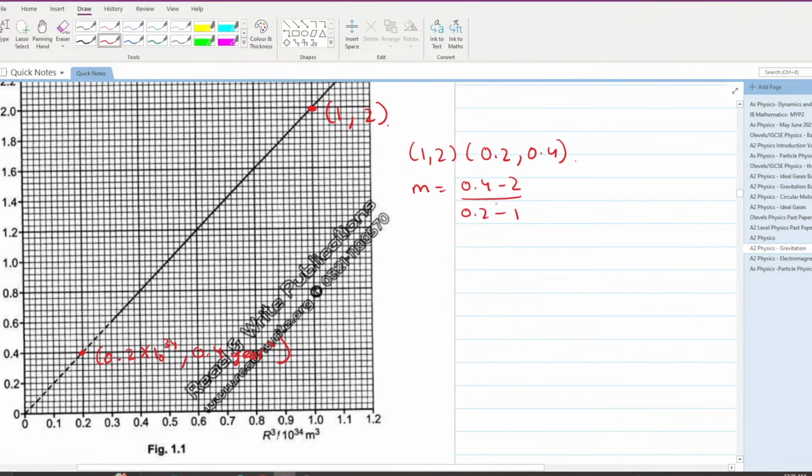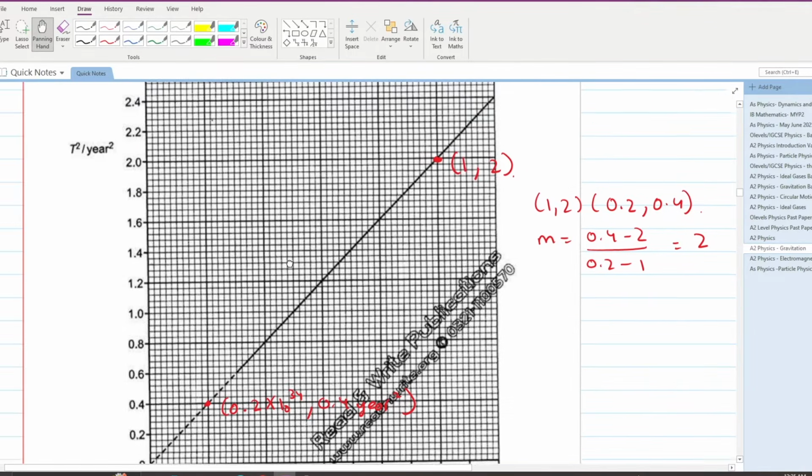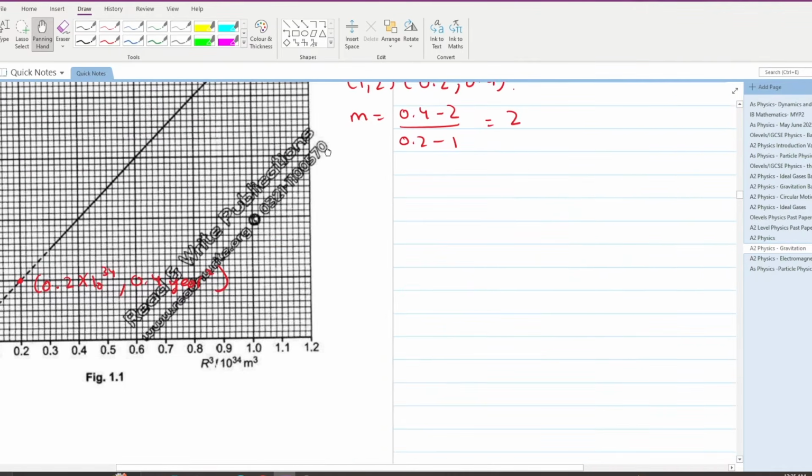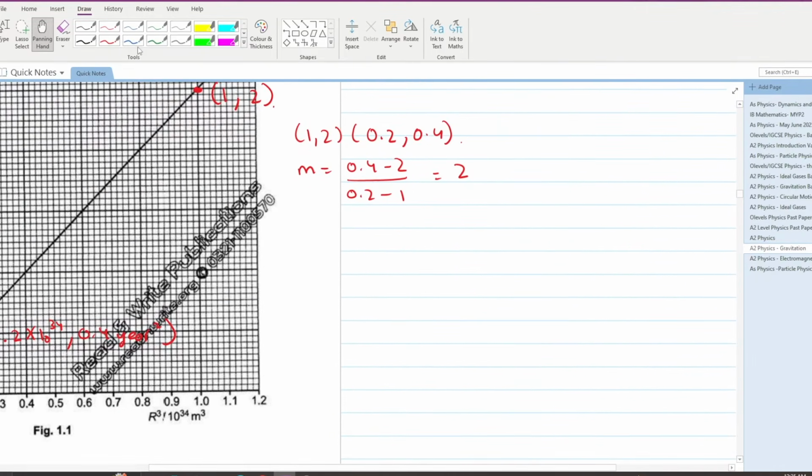So 0.4 minus 2 divided by 0.8, this comes out to be minus 2. The gradient comes out to be plus 2 basically. Minus minus on the top and bottom side get cancelled out. What are the units for this? Years square. And what is coming in the division?